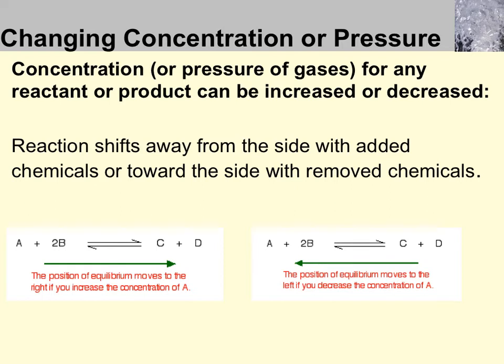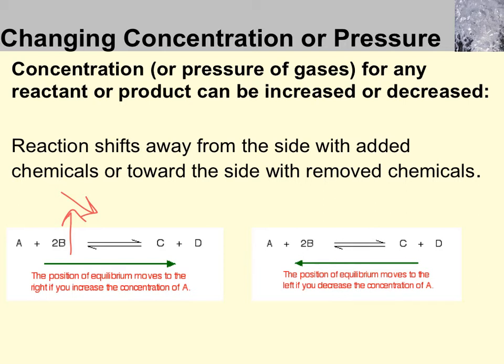And so let's talk about if you change the concentration. Remember what I said about Le Chatelier. I said that whatever you do to it, the reaction will respond by trying to undo what you did. So let's look at some scenarios here. Let's say we have this reaction and we increase the concentration of one of the reactants. We'll just say B. We dump in more B. According to Le Chatelier, the reaction's going to try to undo what you just did.